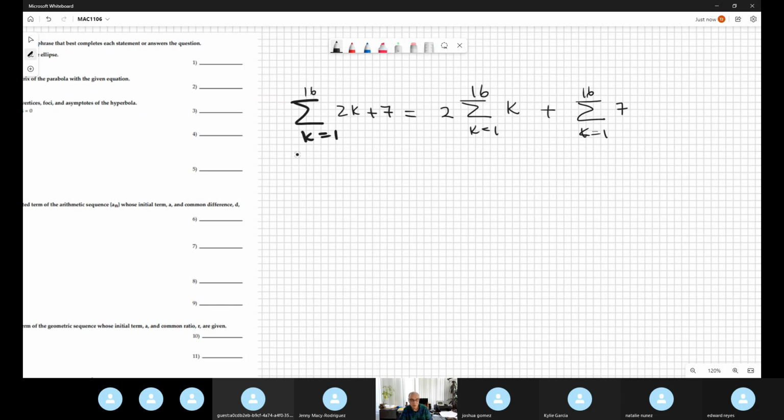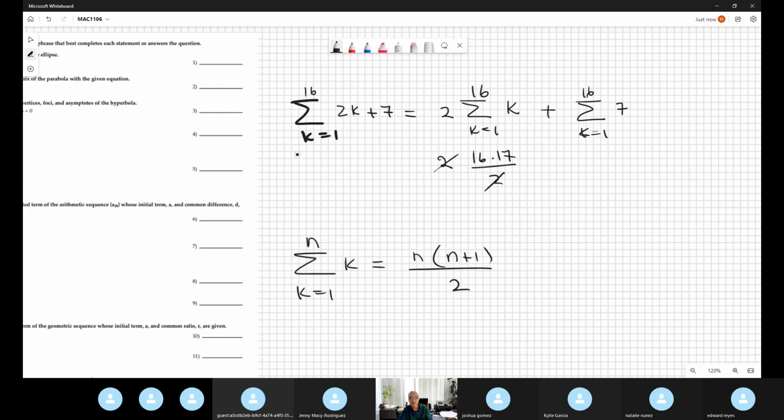The formula is the summation from k equals 1 to m of k is equal to m times m plus 1 divided by 2. In our specific example, 2 is a factor, I put it outside, and you put 16 times 17. 16 is this number m, and m plus 1 is one more, 17, divided by 2.